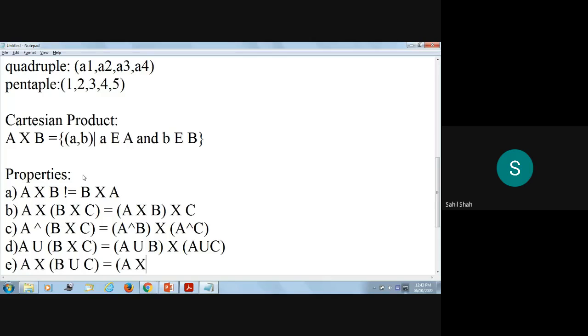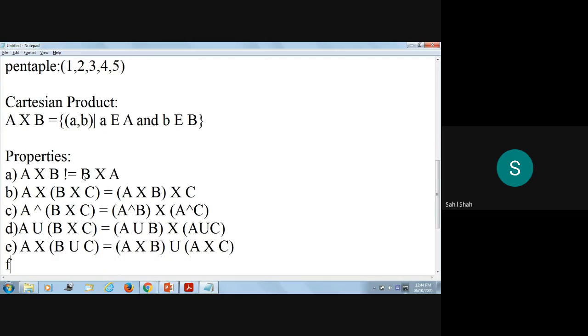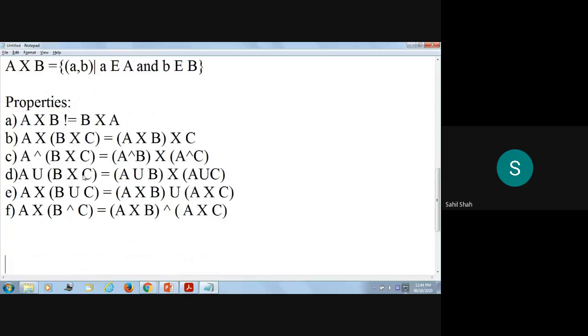A cross B union A cross C is equal to A cross B union C. And A cross B intersection A cross C is equal to A cross B intersection C. Everybody, these are the properties that one should not forget while recollecting the relationship.